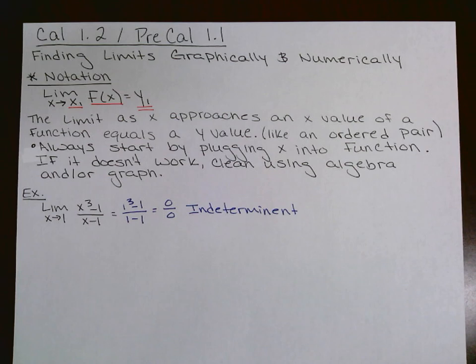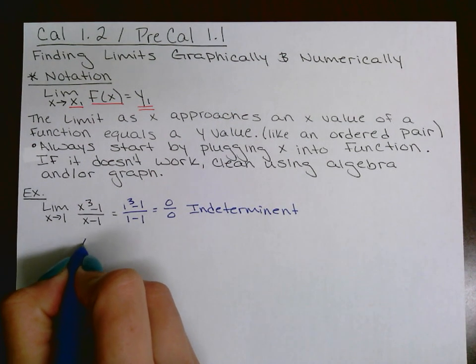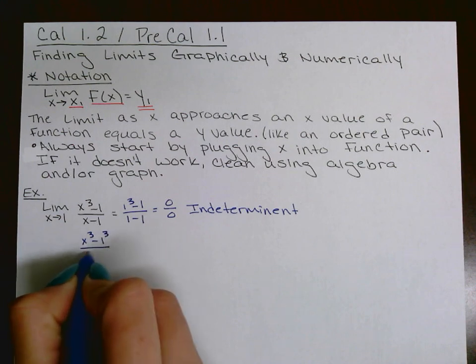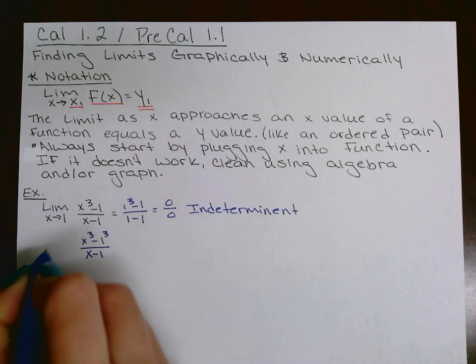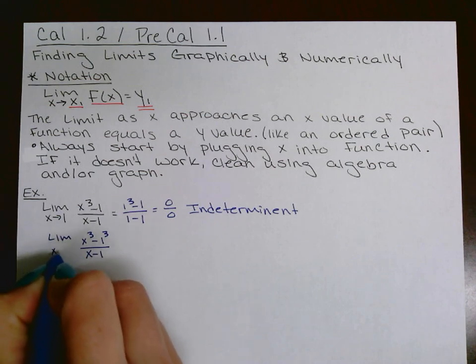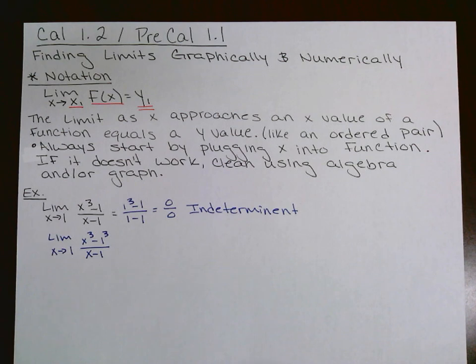Okay? So last class, we learned that we can manipulate that numerator because it is a difference of cubes. So we have x cubed minus, what cubed will give me 1? 1 cubed. So I can rewrite this as x cubed minus 1 cubed, right? And the only pain in these questions is that you have to rewrite this limit until you've plugged it in, okay?